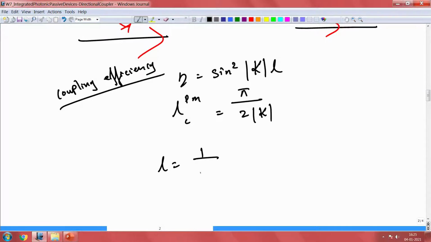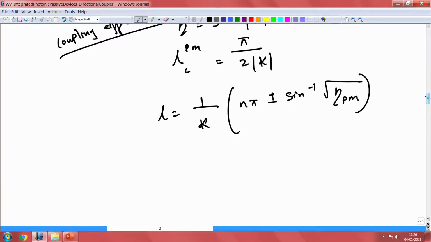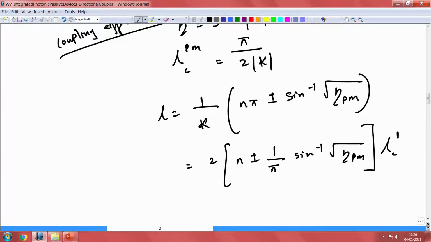can be given as 1 over kappa, which is n pi plus or minus sine inverse root of eta m. So, this is what we want, which is nothing but 2 times n plus minus 1 by pi sine inverse root of eta m Lc.